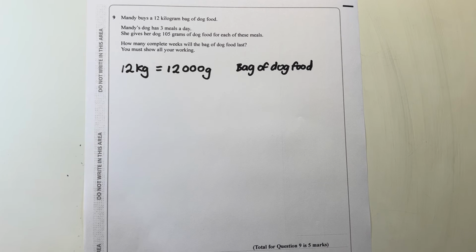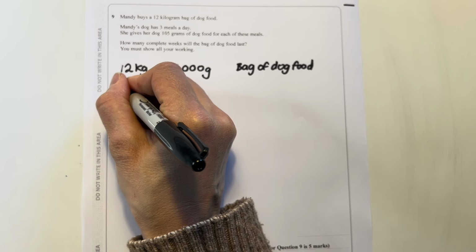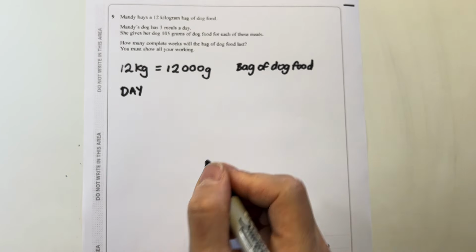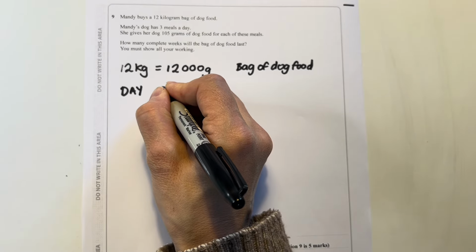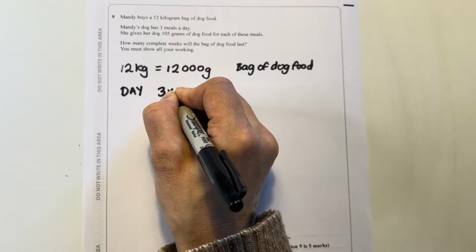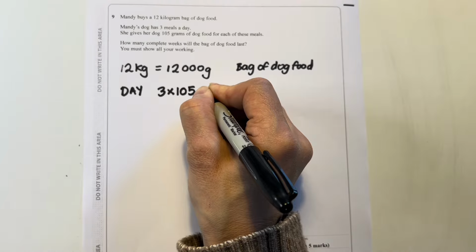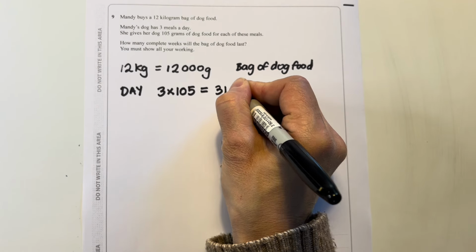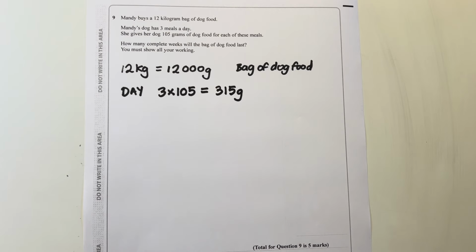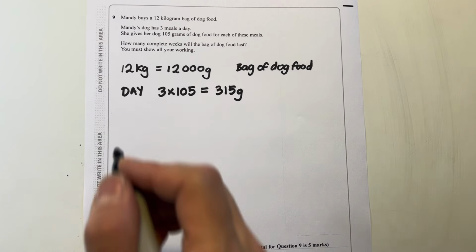We know Mandy's dog has 3 meals a day, and she gives her dog 105 grams of dog food for each of these meals. So in one day, the dog will eat 3 times 105 grams of dog food, which is 315 grams.